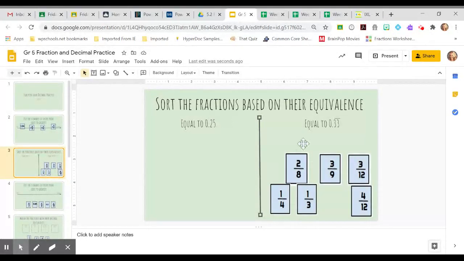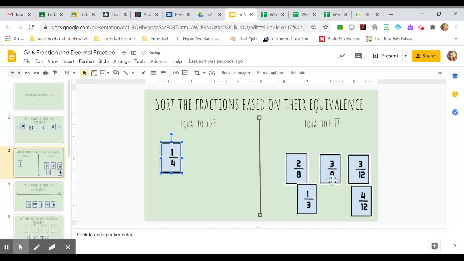So we have 6 fractions down here. 3 are going to go on the side that's equal to a quarter, and 3 are going to go over here. Which one is equivalent to a quarter? Do you see the fraction that is 1/4 over here? Yes. So we can go ahead and move that over. And then do we see 1/3 over here? Yes. Okay, so 1/3 can go here.